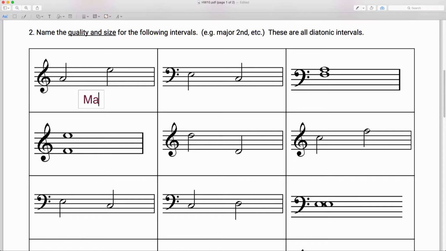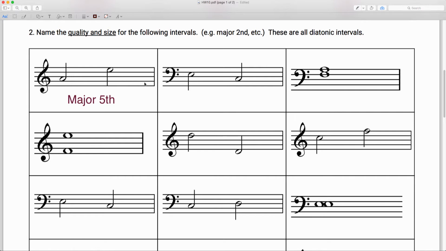Major 5. Major 5. Why? There are indeed 5. There's 5 steps between A and E. A, B, C, D, E. Okay. Why major? Because it's not an octave or any of the other numbers that you say were perfect.